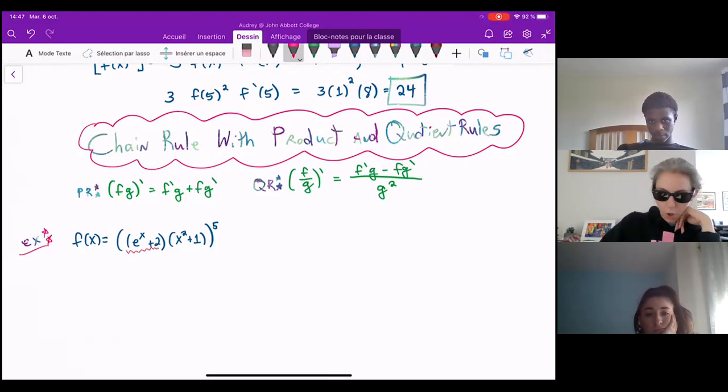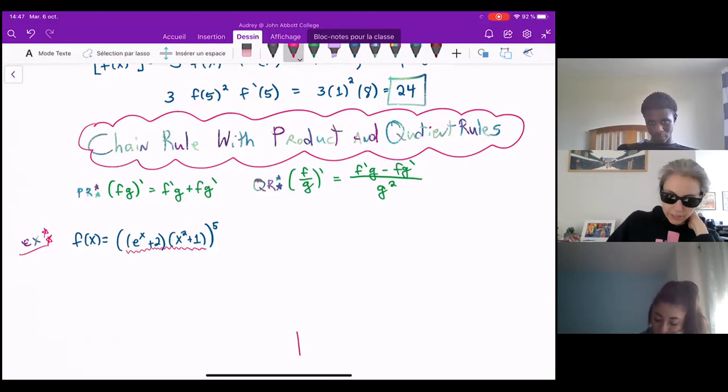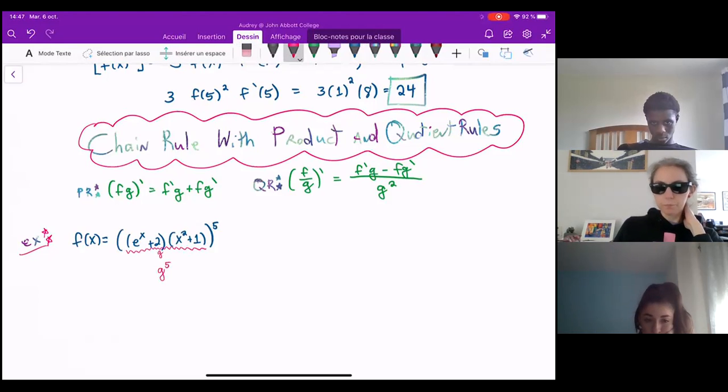So this right here is a whole function to the power of 5. So I can kind of see this as being a g to the power of 5. I have my whole function to the power of 5 there. So that function inside is my g. Does this mean that I need to apply a chain rule? Yes. Anytime we have a function instead of an x, that's a sign that we apply the chain rule.